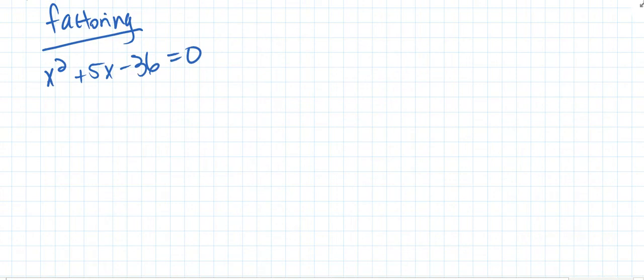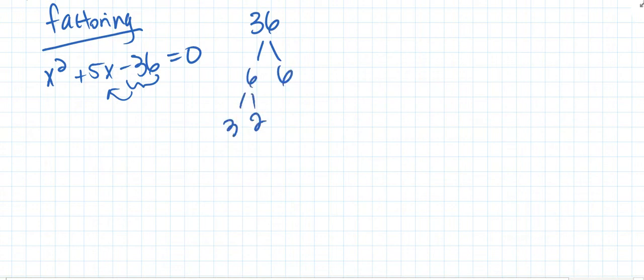If you're not immediately sure which factors of 36 give you 5 when added, use prime factorization of 36, get 6 and 6, 3 and 2, 3 and 2. And then you can start combining. You can say, oh, okay, we can combine here, 6, here, 6.